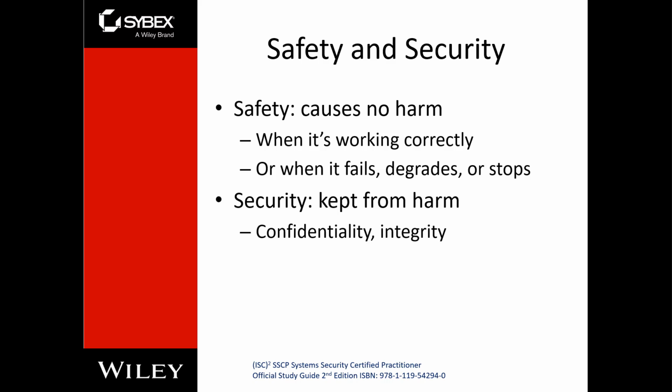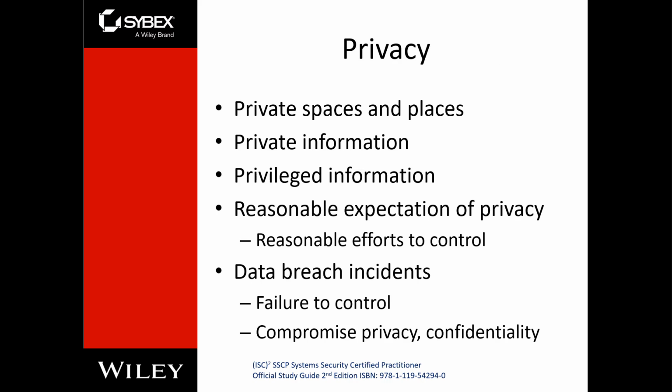So let's go ahead and return back to privacy. Talk about private spaces and places. You have to understand what would be the inherent private place. Your home, for example, if your windows are open, it may not be classified as a private space or place. What is the expectation of privacy when there are windows that are open? That's a big thing.